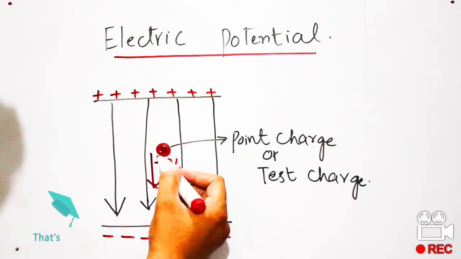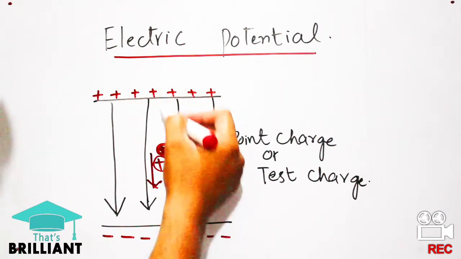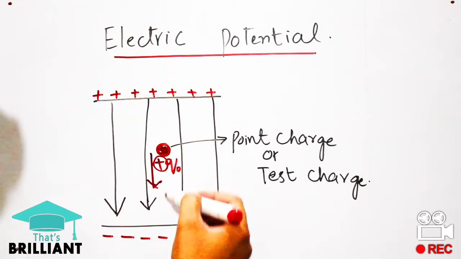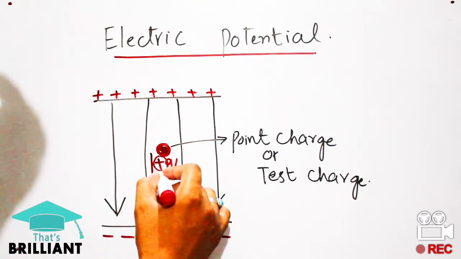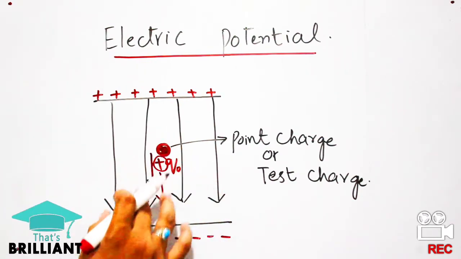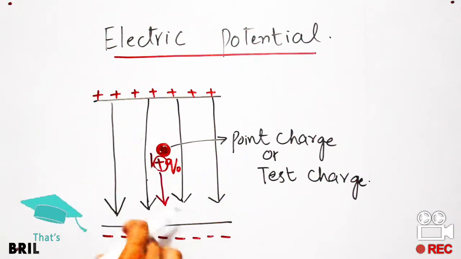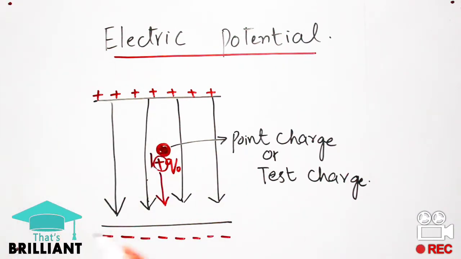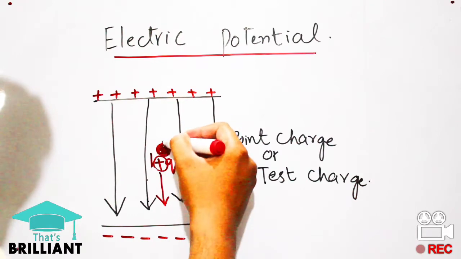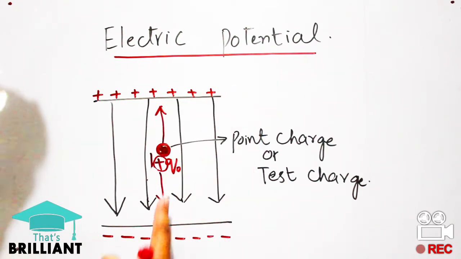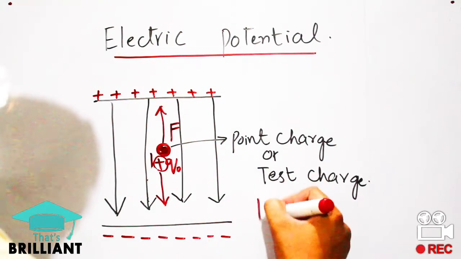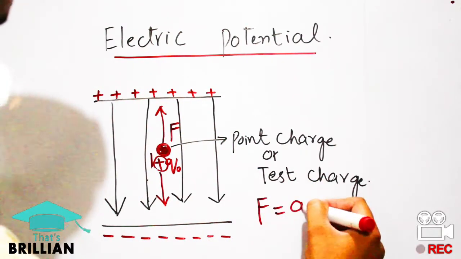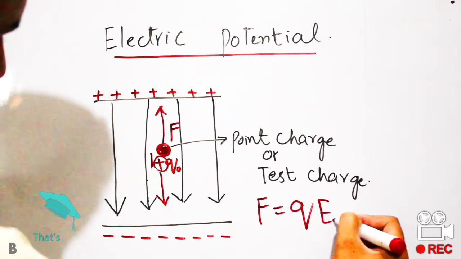So it is a natural process, and if we want to move this positive point charge towards the positive plate, which has the same sign, they will repel each other. So in order to move this charge, we will need to apply some force, and this force should be in such a way that this charge moves in equilibrium towards the positive plate.